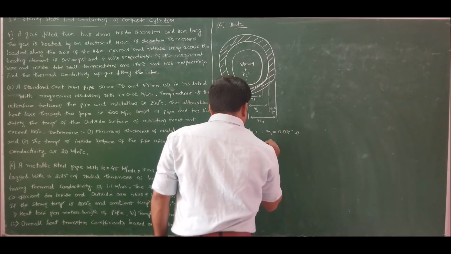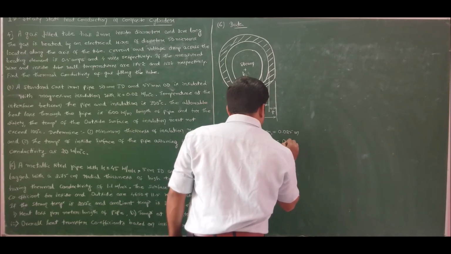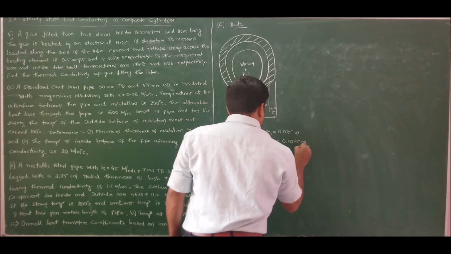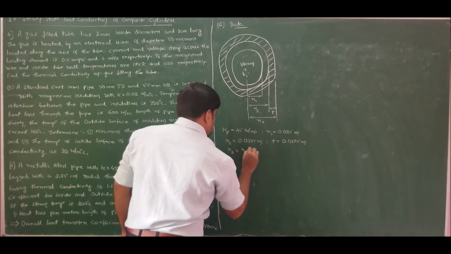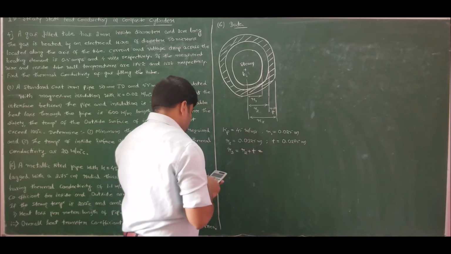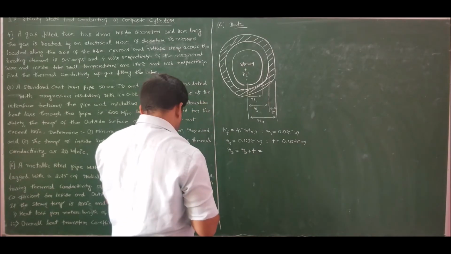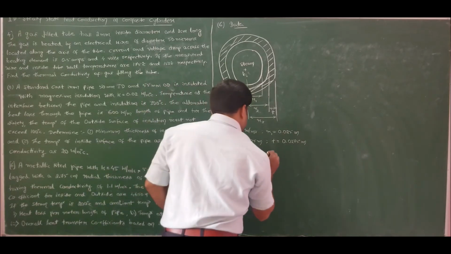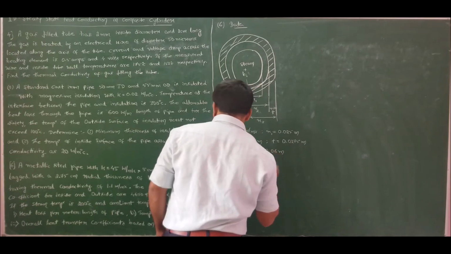and he has given the thickness as 2.75 centimeters, that is 0.0275 meters. Hence the value of R3 is R2 plus thickness, which is nothing but 6 centimeters, that is 0.06 meters.